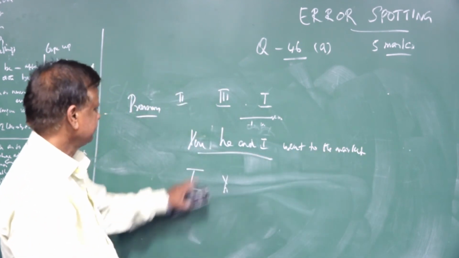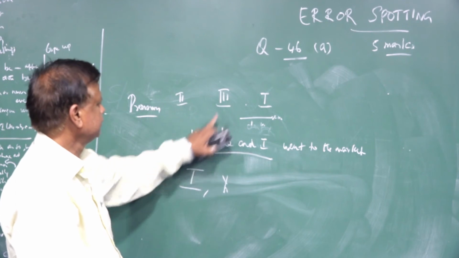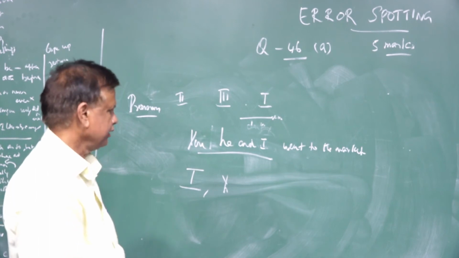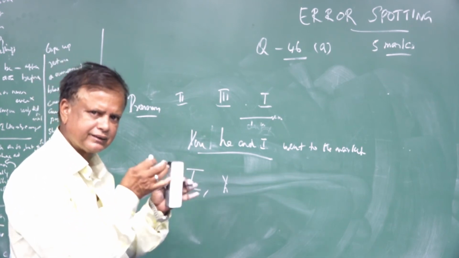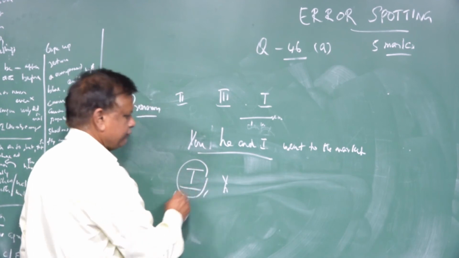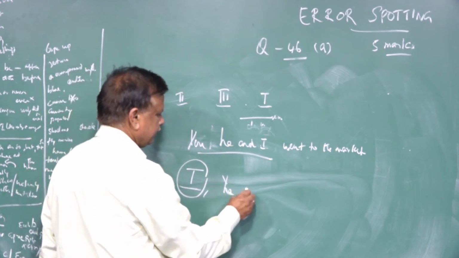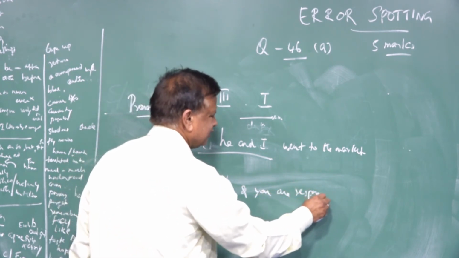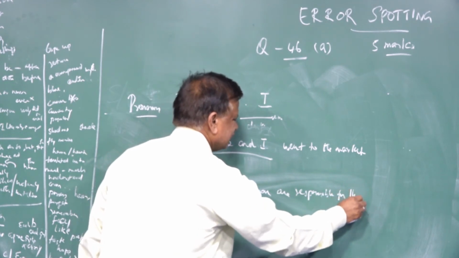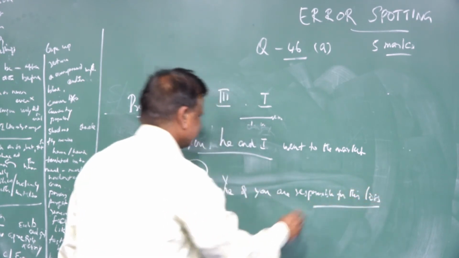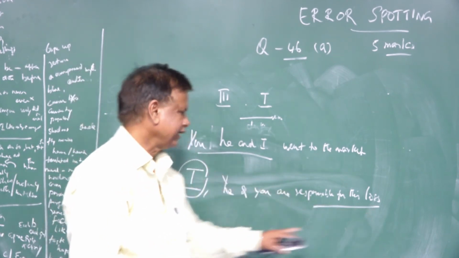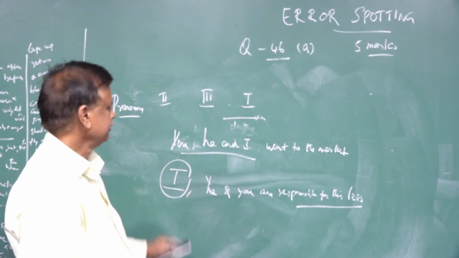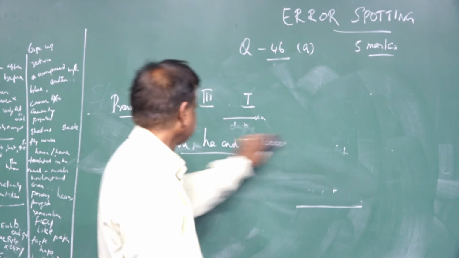You, he, and I: second person, third person, first person, when something is informative or good. If something is mischievous, naughty, or erroneous, I use I first. I, he, and you are responsible for this loss. For something which is bad, I use the first person first, then the third person, and the second person will come. It will be inverted. This is the order regarding the pronouns.